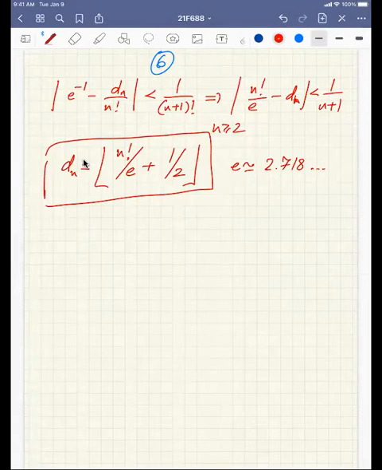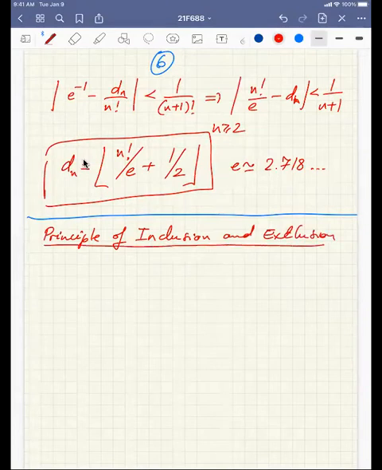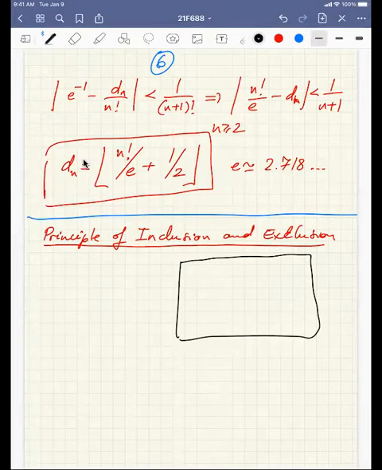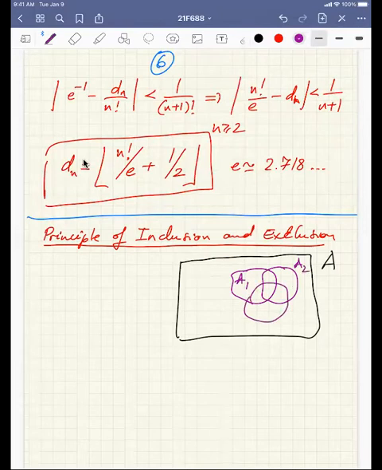So let's do now a different approach to determining the number of derangements, using the principle of inclusion and exclusion. So what's the scenario here? Let's say we have a big finite set A, and inside it we have some bad sets, let's say A1, A2, A3.